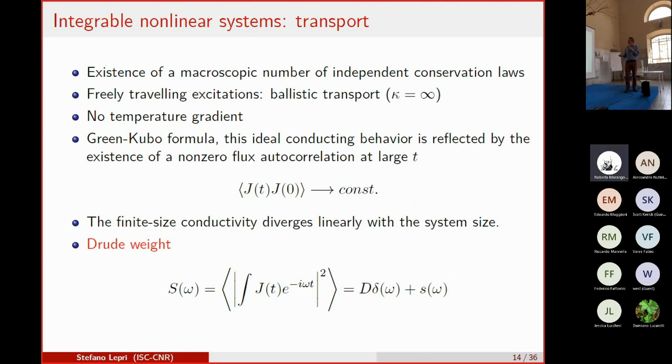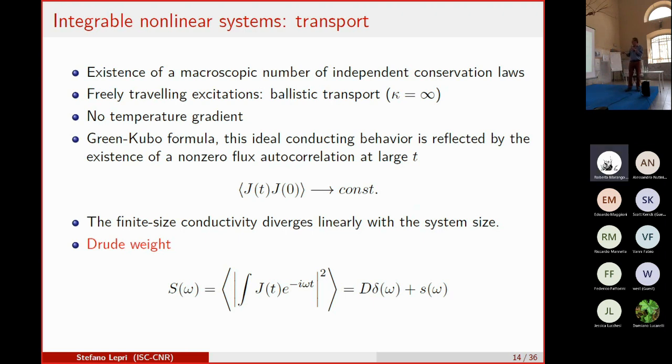Well, it manifests in the fact that the correlation function of the energy current does not go to zero. For a chaotic system, for a normal system, you expect this correlation to go to zero. For an integrable system, it doesn't. Which means that somehow the current is roughly constant, at least on a larger time scale.